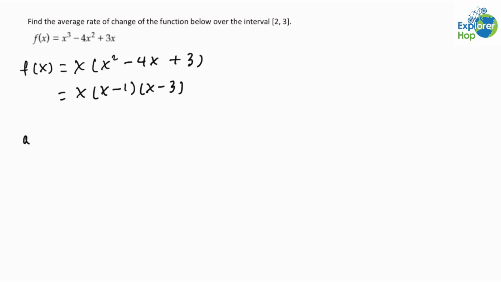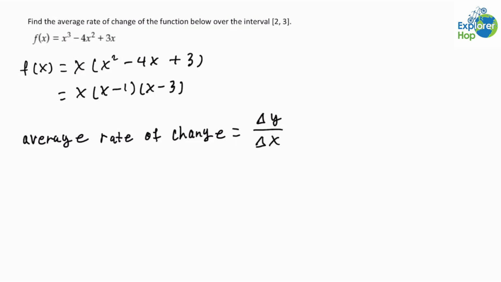So the average rate of change is equal to delta y over delta x, which is just equal to f of x2 minus f of x1 over x2 minus x1.